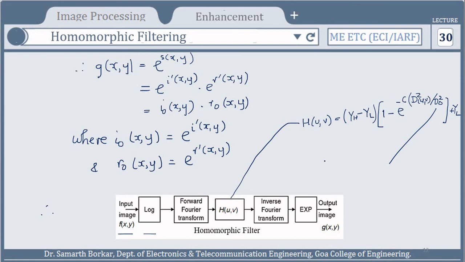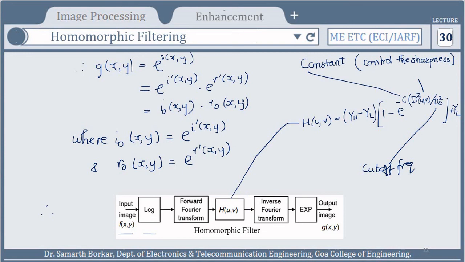So finally we make use of D naught equals 5, and we have seen how the slope changes with the value of n and so on. So D naught is the cutoff frequency. This is the Euclidean distance. What about C? C is a constant which is used to control the sharpness.